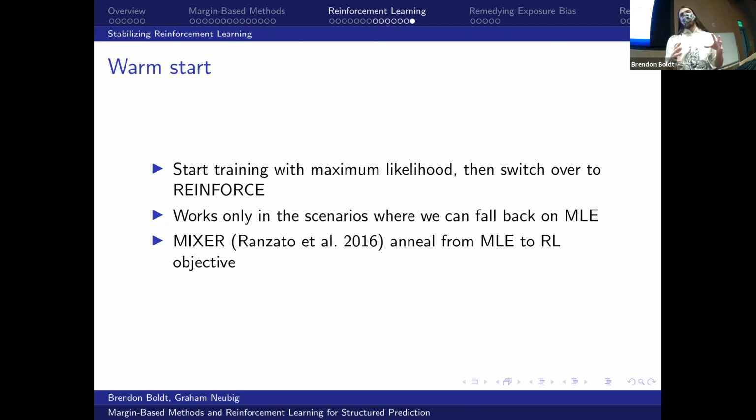Of course, this only works in scenarios where you're using reinforcement learning to replace MLE. If you can't do maximum likelihood estimation, then you're stuck just using reinforcement learning. In the literature, you could take MIXER to be an example of this, where they have a smooth annealing process from maximum likelihood to a reinforcement learning objective.